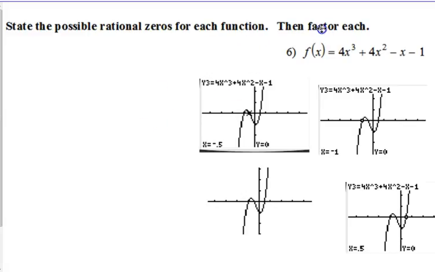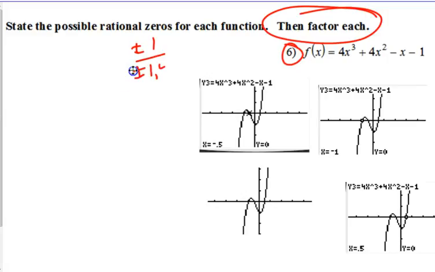This time it says do the same thing except write the factored form at the end. This is a really nice one, guys, number 6, because when I found all the zeros on the calculator, by the way, you're supposed to write the factors of 1 over the factors of 4. So you actually get 1, 1/4, and 1/2 for this one.